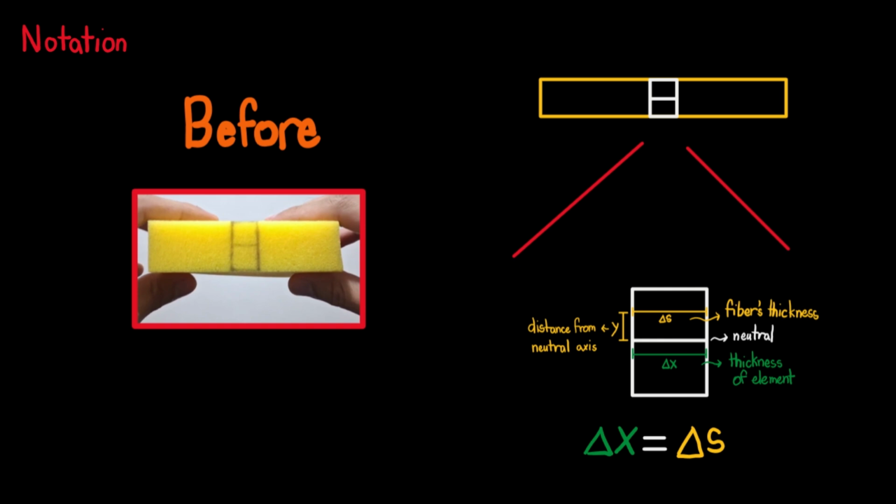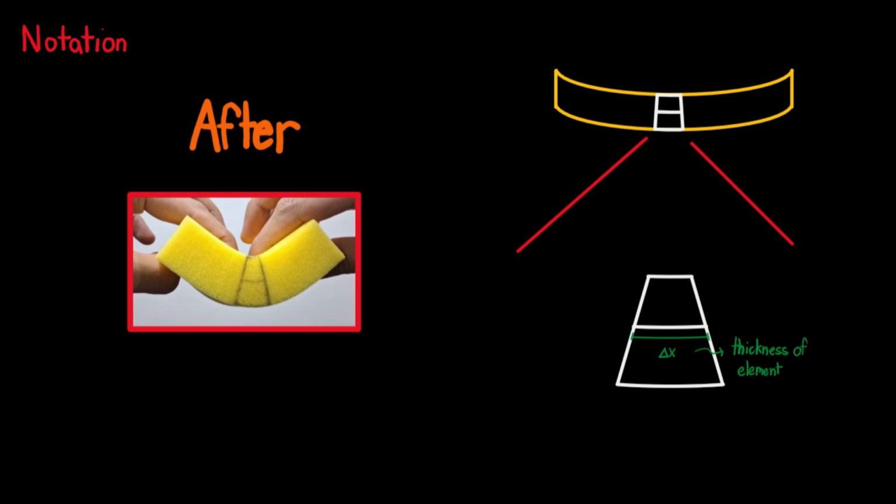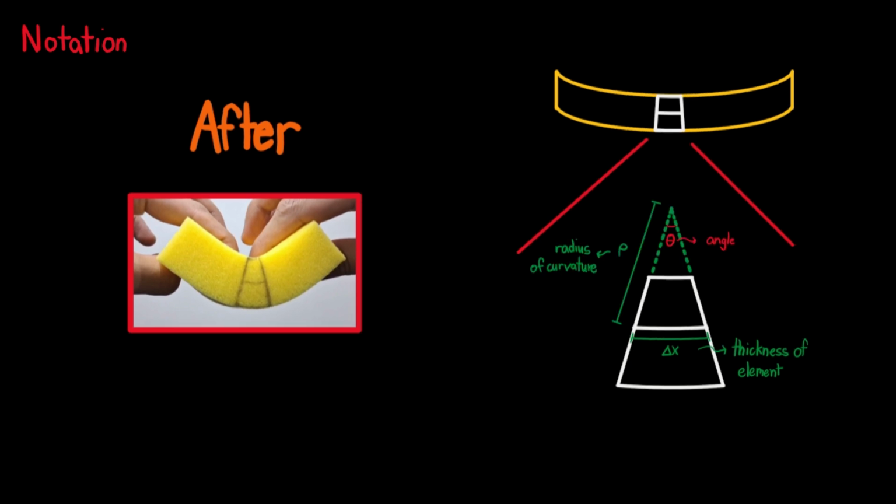Now, let's bend this sponge. We can observe that the center of the sponge did not change its length, but it became an arc, giving rise to a radius of curvature rho and an angle theta.